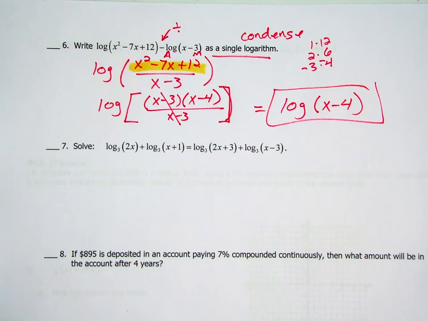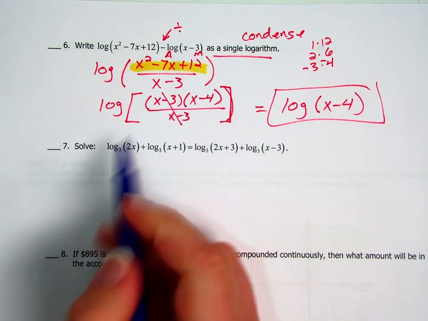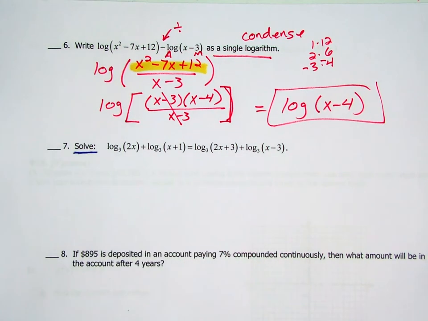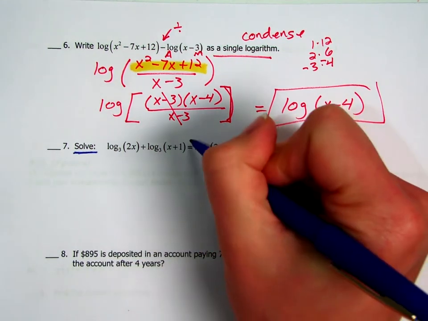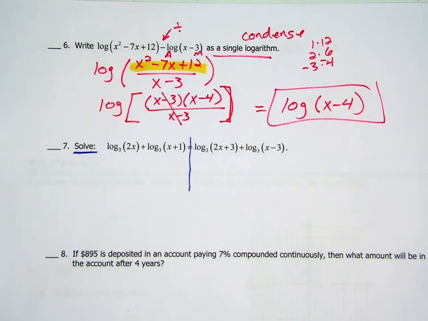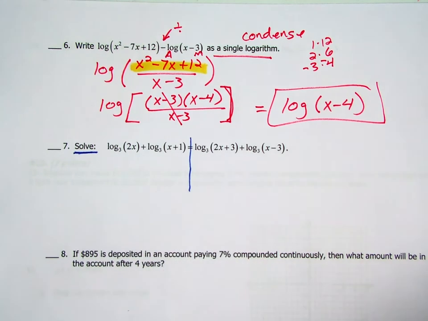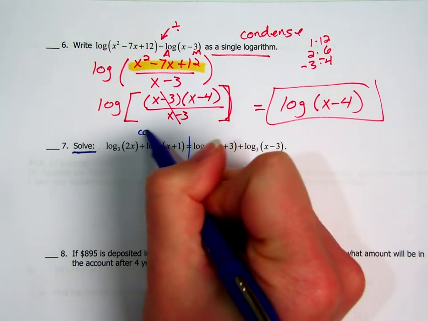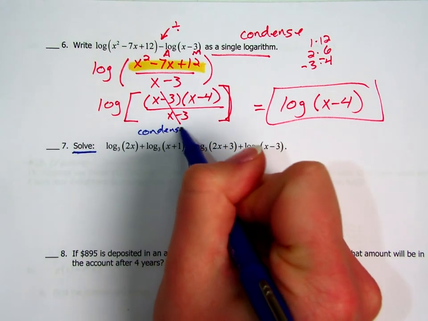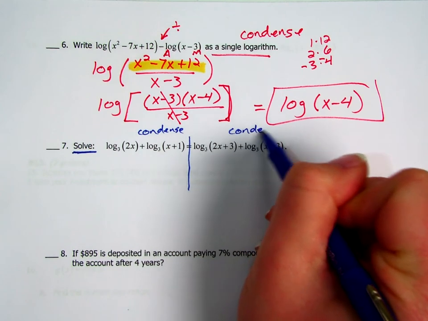All right, next one. They ask us to solve this one, and we know we can solve because it's an equal sign. If there weren't an equal sign, we couldn't solve, but there is, so we need to. Now, the first issue I see here is that we have multiple logs on both sides, so we're going to need to condense each side first before we can solve. So we're going to condense it by putting them together.